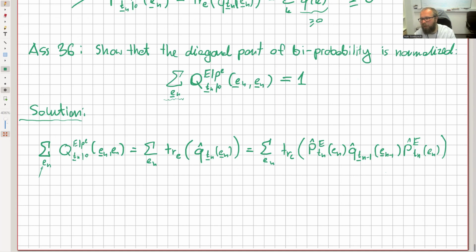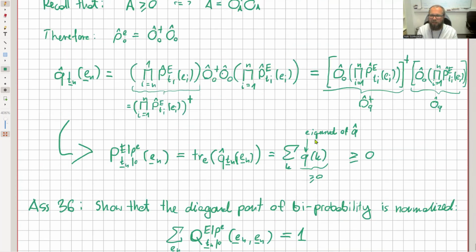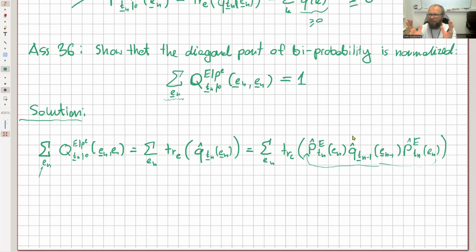So this is what is written here. Now I can use the cyclic property of trace to move this guy to the left, and then I multiply this projector with this projector, but they are the same projector, so by orthogonality of projectors they just compact into a single projector. In other words, PE Tn En times PE Tn En equals PE Tn En.